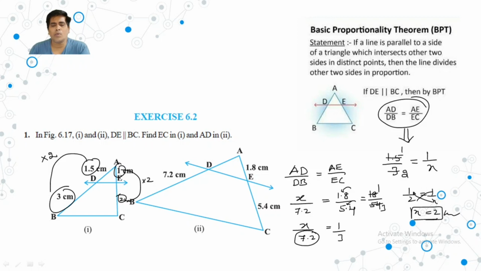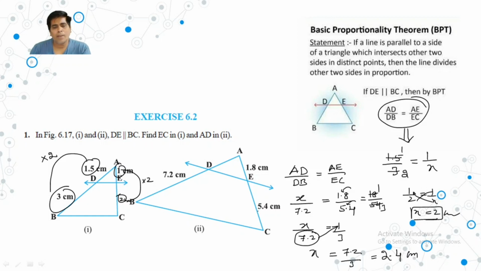Now I want the value of x. This 7.2 is dividing here. If I take it to this side, it multiplies here. So x is equal to 7.2 by 3. If you simplify it, 3 twos are 6, 1 is left out, 12, 3 fours are 12. So 2.4 centimeters. Without calculations also we can do it.